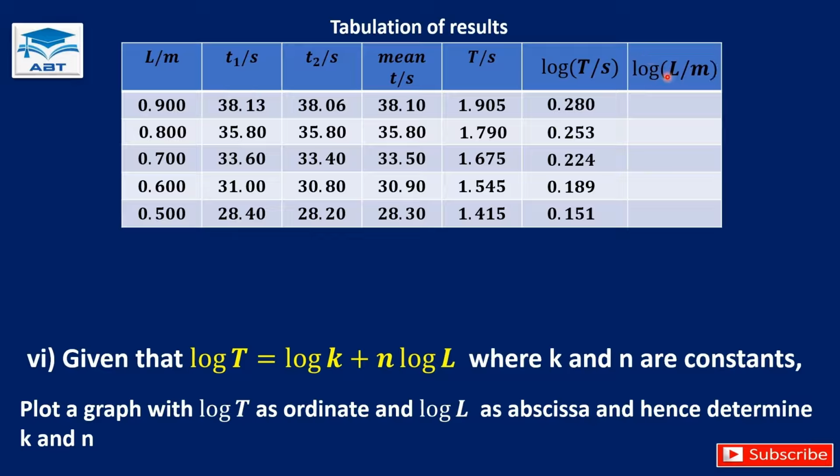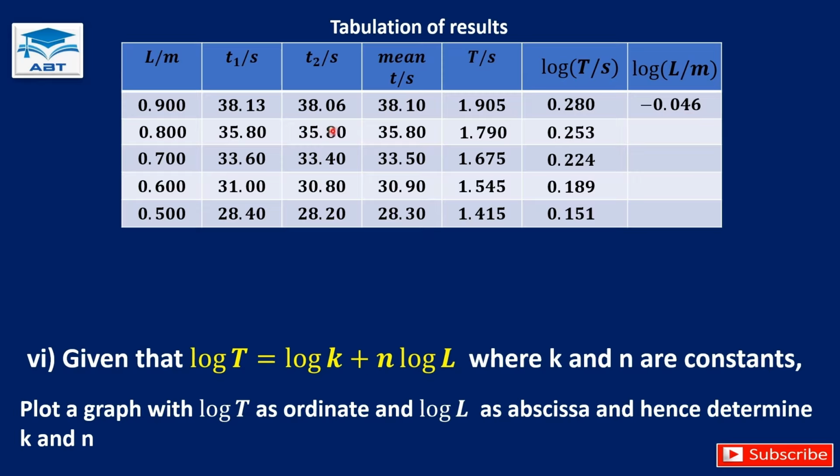So we have log of the length, but the length is in meters. So we have log L in meters, and log L does not have a unit. So the first length is 0.9. So log 0.9 is negative 0.046.